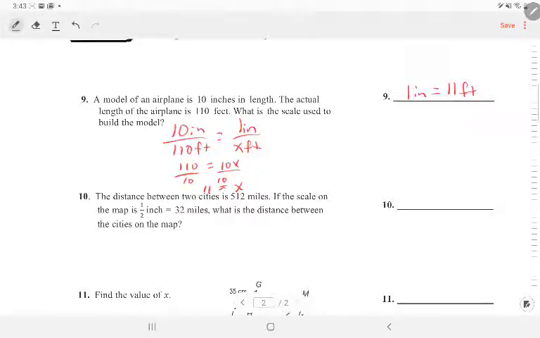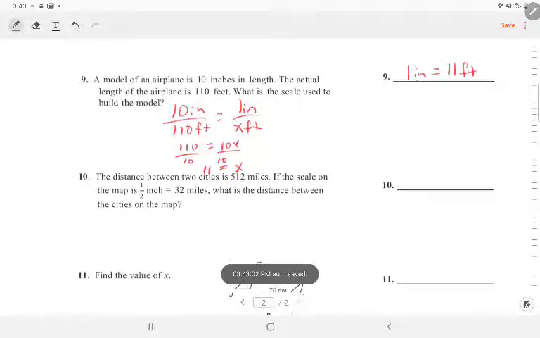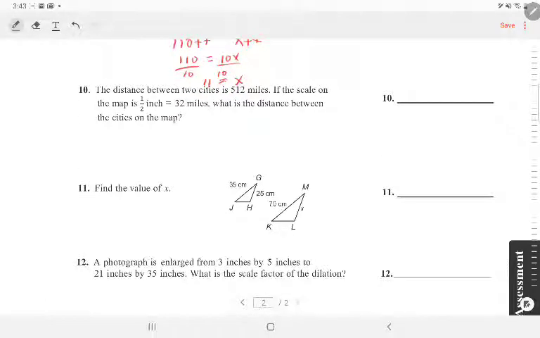Okay? All right. Number 10, the distance between two cities is 512 miles. If the scale on the map is 1/2 inch equals 32 miles, what is the distance between the cities on the map? Well, I set up my proportion, so I would put 0.5 over 32, and set that equal to, they give us the miles, so that goes on the bottom, 512 miles over x inches.